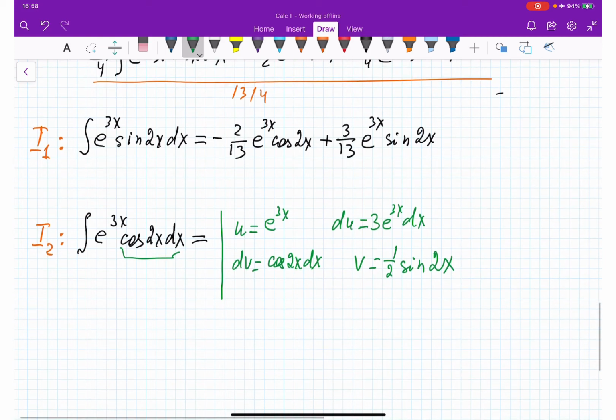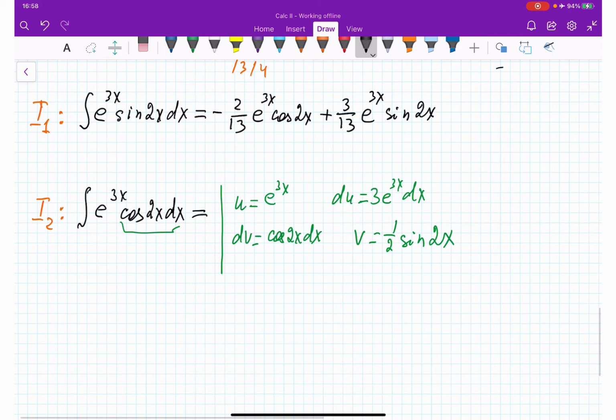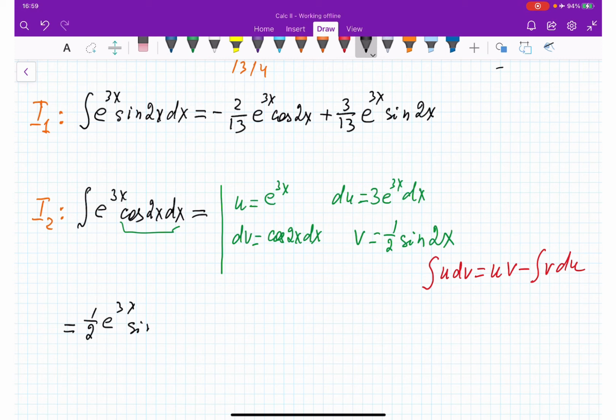Okay? So this is going to be equal, let's plug in my u and v. I'm going to use again integral u dv is equal uv minus integral v du, right? By parts. Okay, integration by parts. So this is going to be equal 1/2 e to power 3x sine 2x, right?